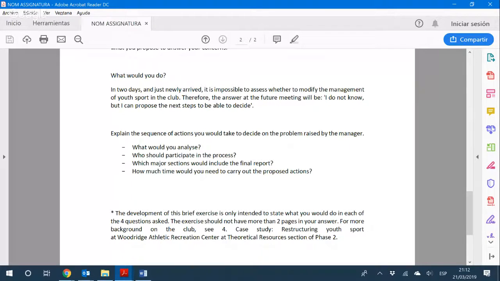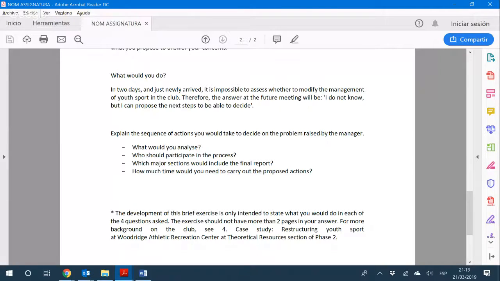Not so much going in depth on which suggestions or proposals you would make to develop or improve the youth sports sections of the club, but rather the prior phase, which is first of all to analyze: what would you analyze in order to improve these youth sections? Which areas, items, or elements would you analyze within the club, or within its area of influence, to make sure these youth sections could be improved? That would be the first question.